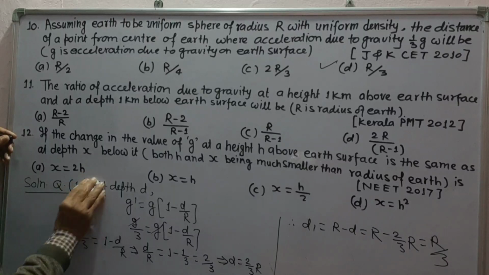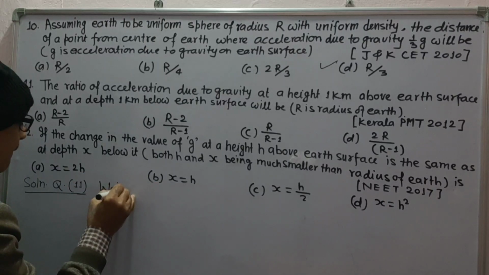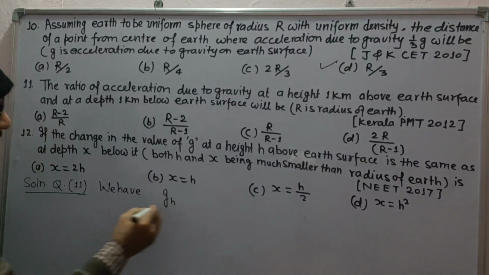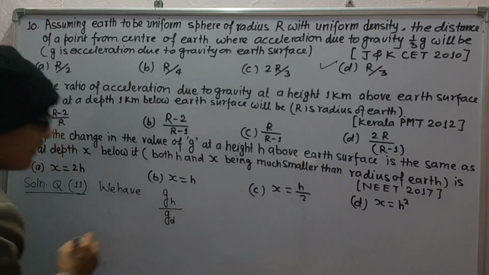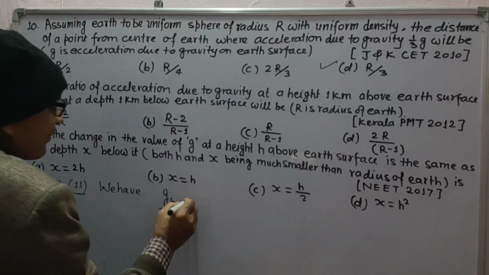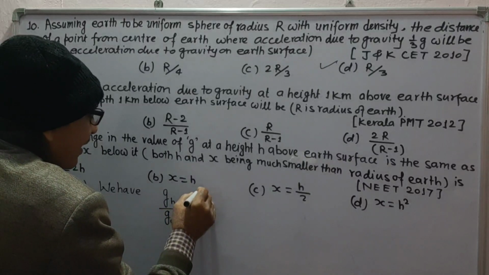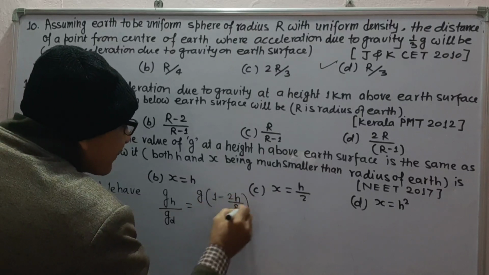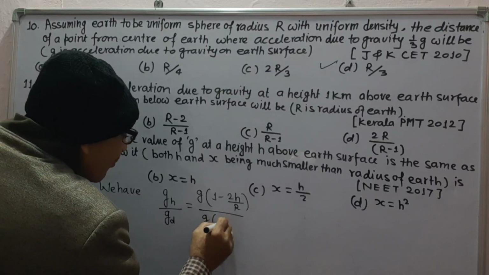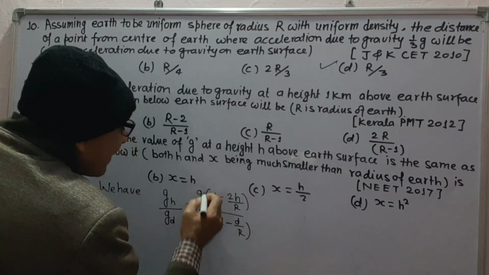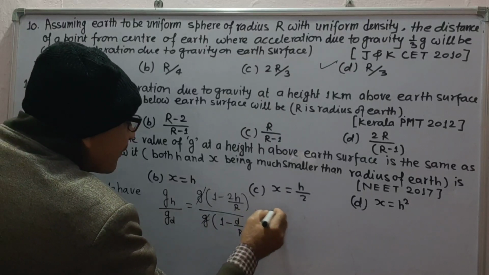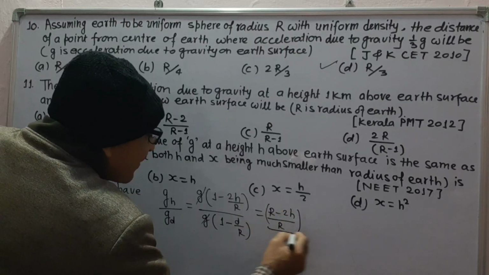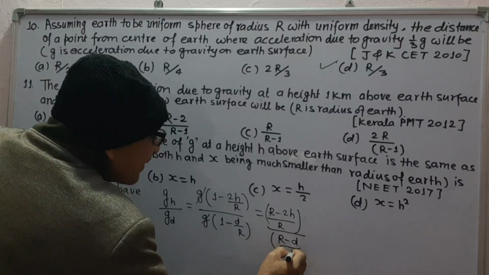So solution to question 11, we have g at height h upon g at depth d from Earth's surface will be equal to g into 1 minus 2h upon r upon g into 1 minus d upon r. g cancels out and we get r minus 2h upon r upon r minus d upon r.